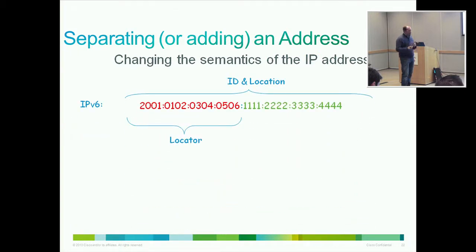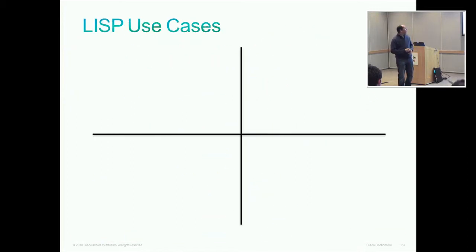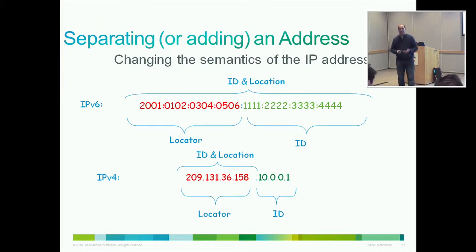So let's take a look at the examples of identity and location. Today, we have IPv4, IPv6. These are the identities that you get. In the future, you can imagine anything. You can imagine something like a MAC address. My identity can be my MAC address, or a barcode of some label that's sitting on a product.